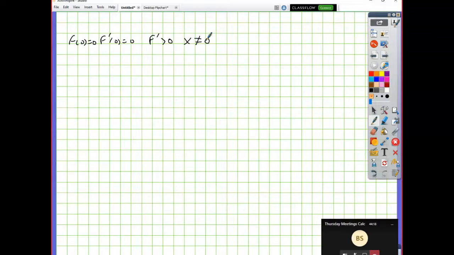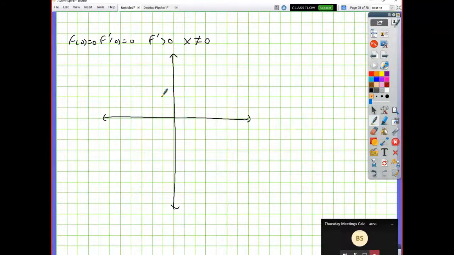All right, easy part first. f of 0 is 0. What does that tell me? Try that again. f of 0 is 0 means what? Okay. f of 0 equals 0.